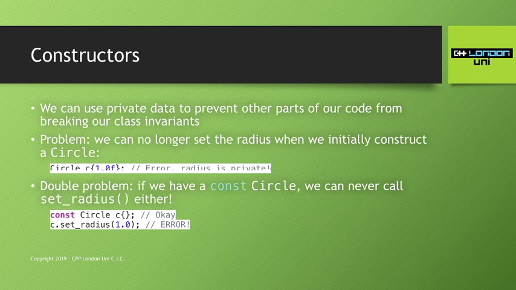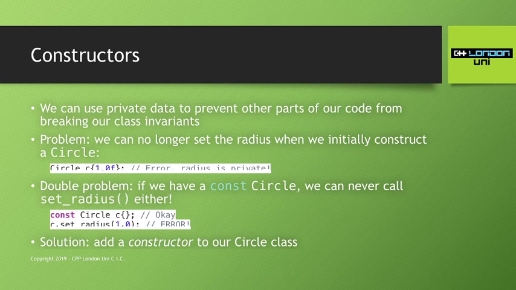Fortunately, C++ has a solution. That solution is constructors. What we need to do, now that we have private data, is add a constructor to our circle class.